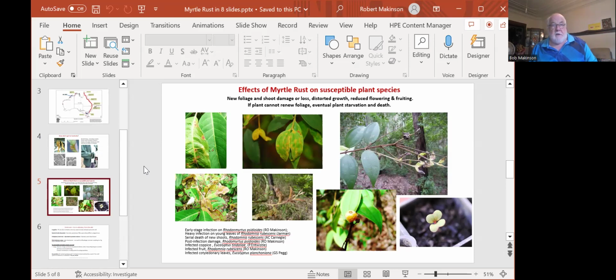Next to that is a shot of scrub turpentine, Rhodomyrtus rubescens, a fruit, one of the rare fruits that has managed to set, because the shoots on which the flowers occur are usually killed outright, but a few get through. But then the fruit itself gets infected, and there are no reliable cases yet of finding viable seed in fruits in the wild, or very few.